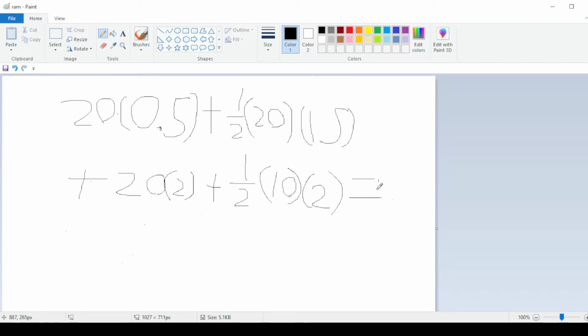So in the end, I will get 75 meters as my displacement for the particle. Let's move on to the next one.